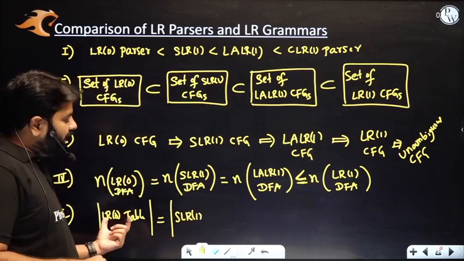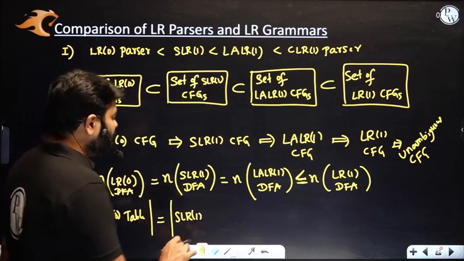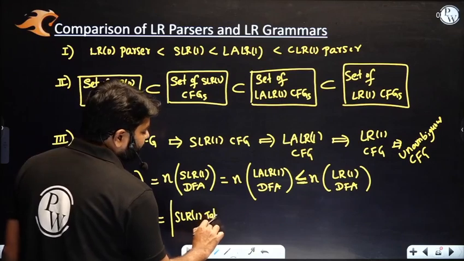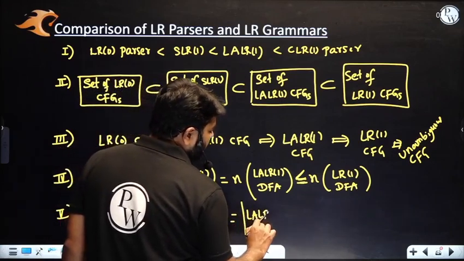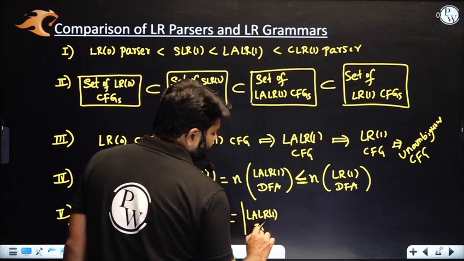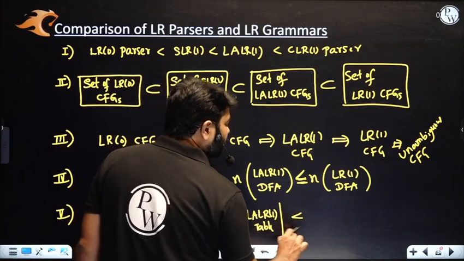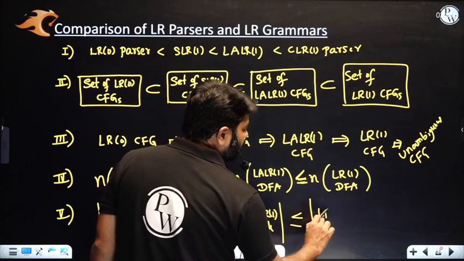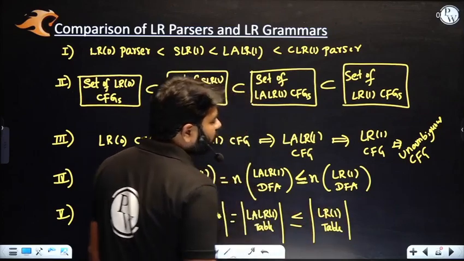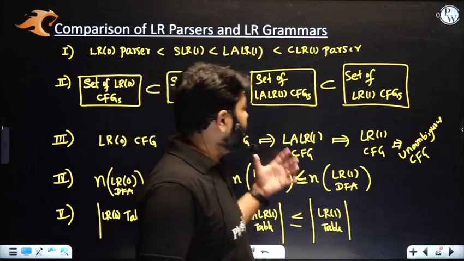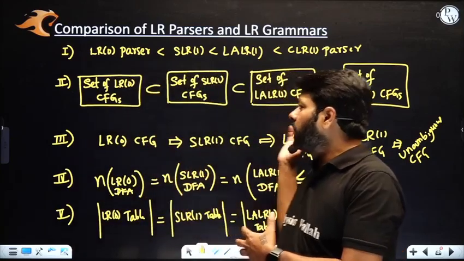You may have more entries here, you may have fewer entries, that's fine, but the size would be the same. LALR1 table size is less than or equal to the size of the LR1 table. Like this, you have a lot of relations between these four parsers.